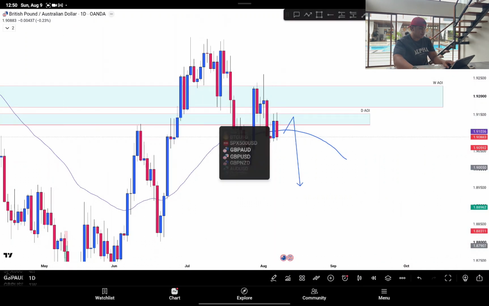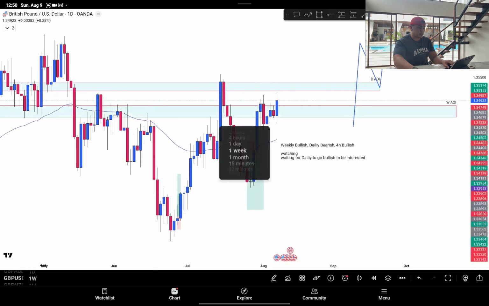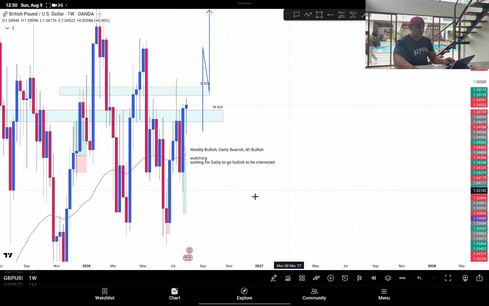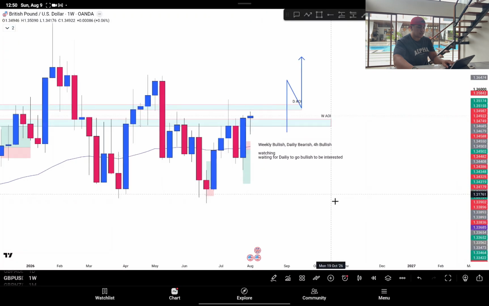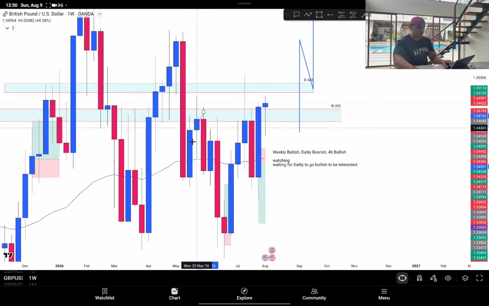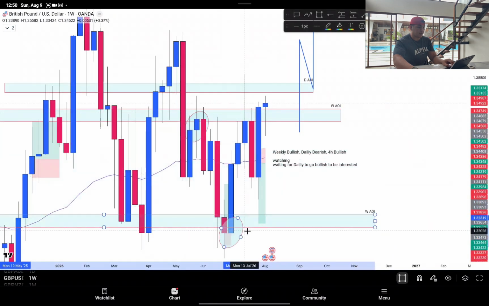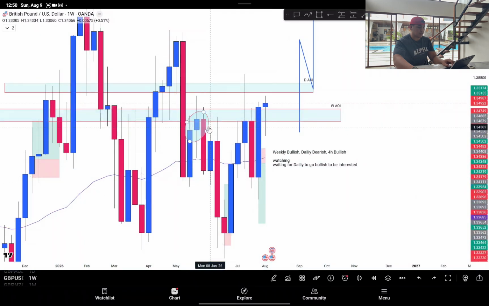Now, the next pair is probably GBPUSD. As you can see here, market has its retest on this head and shoulders pattern, probably giving us an indication that the market is shifting from bearish to bullish.